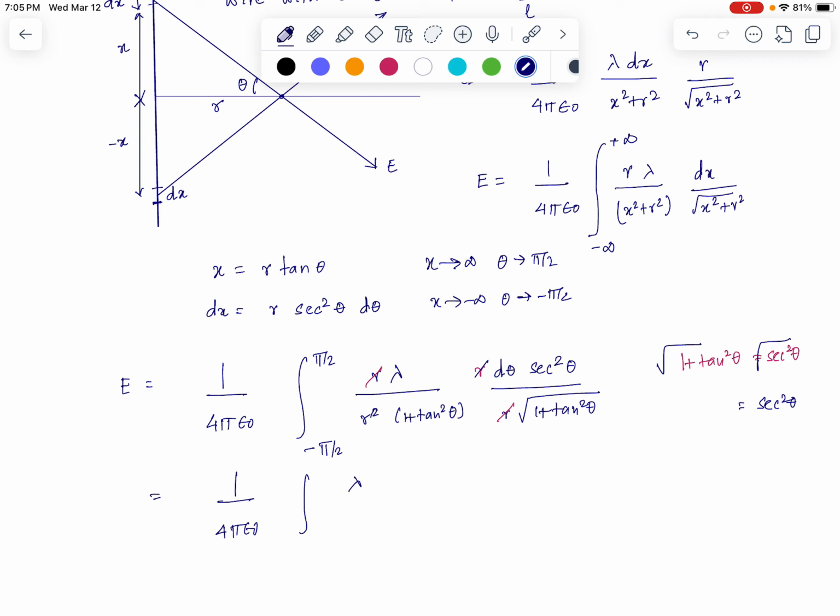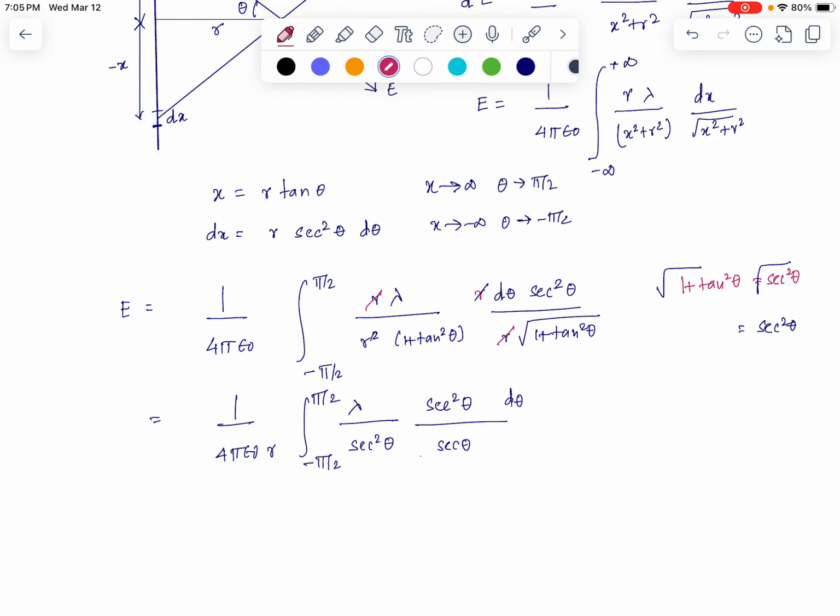There is lambda by secant square theta times secant square theta divided by secant theta d theta, divided by r, and since r is a constant here, we can take it out of the integral sign. We go from minus pi over 2 to pi over 2.